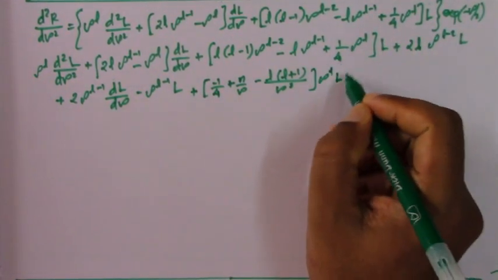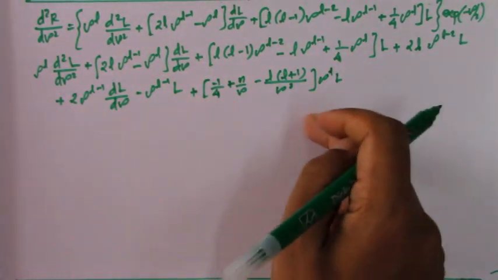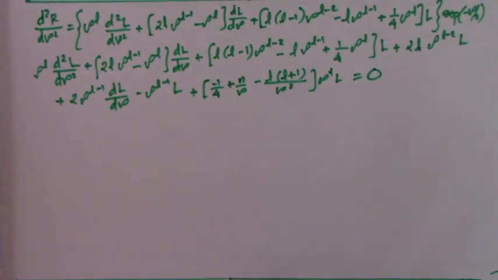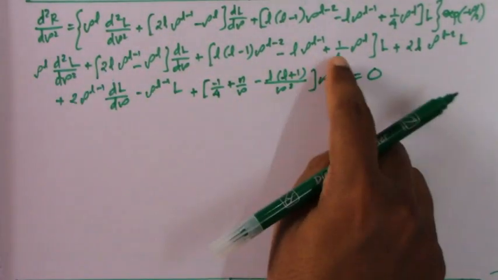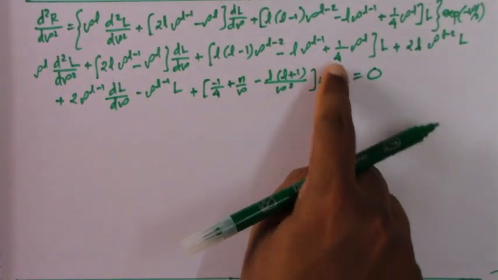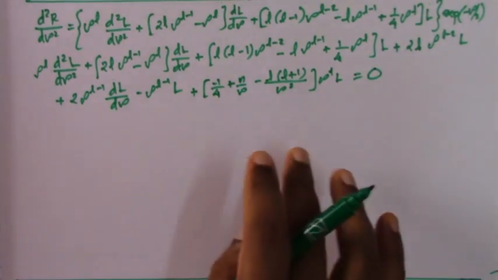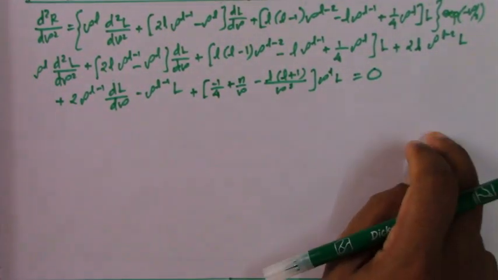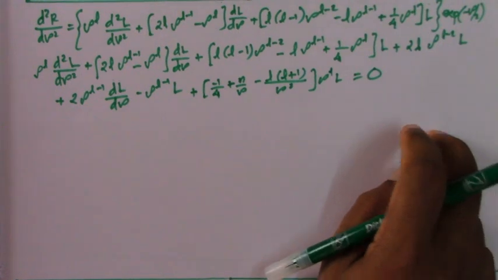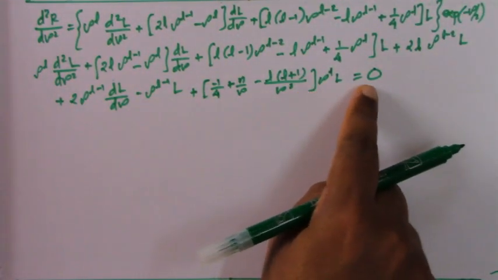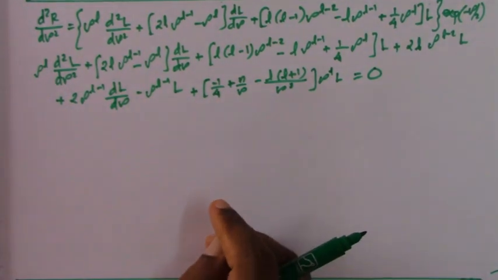Then I can avoid writing exponential minus rho by 2 in the left hand side, so this will be equal to 0. I hope you understood. Exponential minus rho by 2 is a common factor in the left hand side, and the right hand side is 0. I divided both sides by it, so I just have all these things together equal to 0.